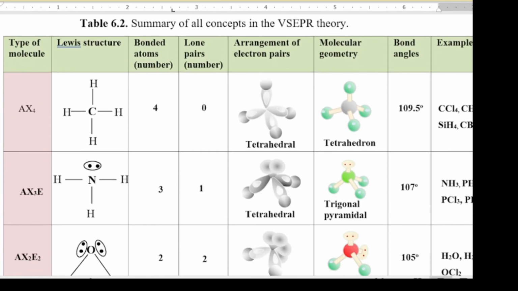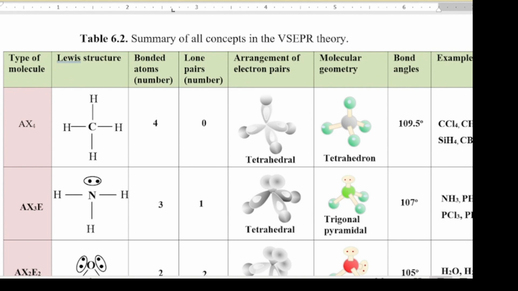So here's a summary of what we've done. Here are the AX4 type of molecules. This is a Lewis structure for that. You have 4 bonded atoms, no lone pair. This is the arrangement of electron pairs, one electron from carbon, one from hydrogen. You can see it's tetrahedral.